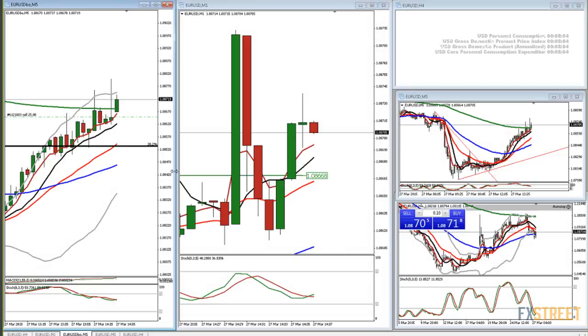So binaries, like all options, were designed purely to hedge risk. Now, of course, as you know, there are quite a few speculators that trade options purely out of speculation, but they are the minority in the market. It's not why it was invented.